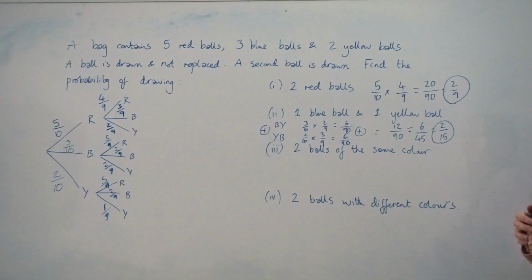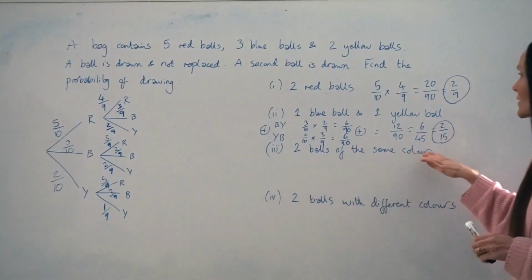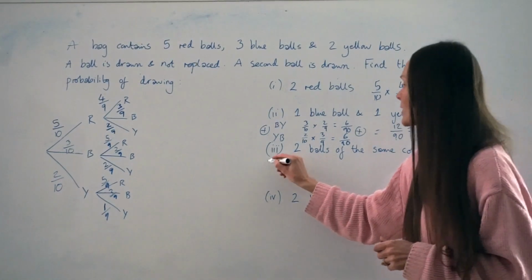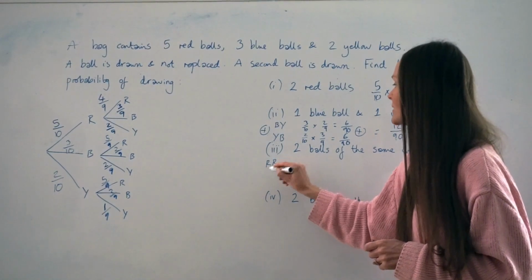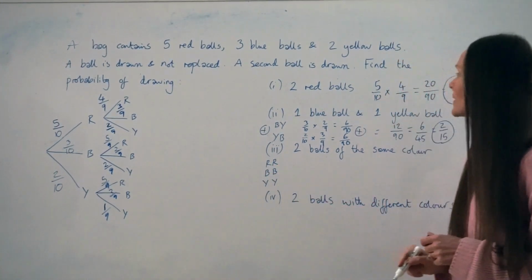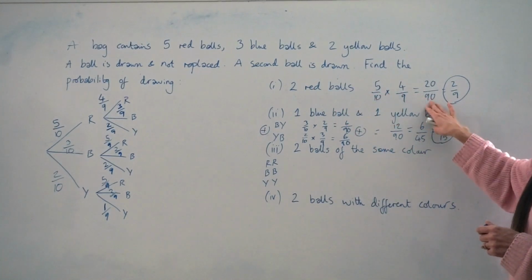Now, on part 3, it says find the probability of drawing 2 balls of the same colour. So there are 3 different scenarios to consider. It could be a red followed by a red, a blue followed by a blue, or a yellow followed by a yellow. Well, we already did 2 red balls up here. Remember, it was 20 out of 90.